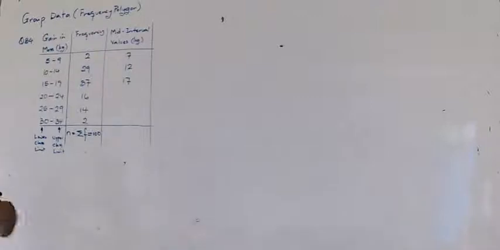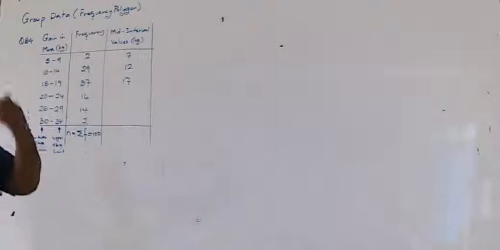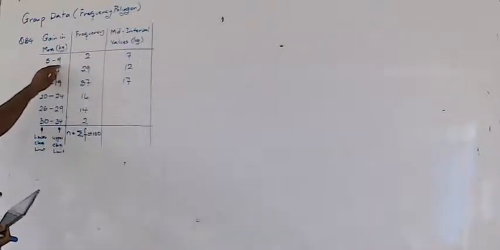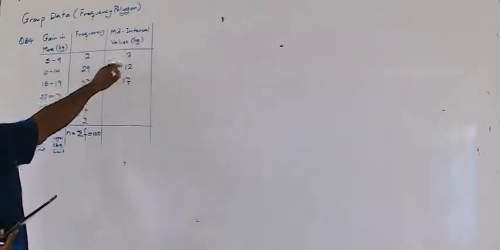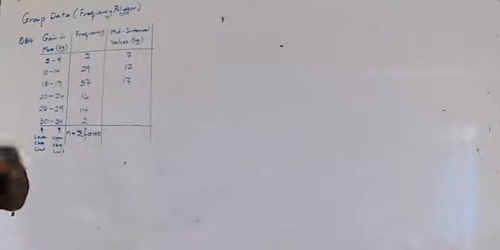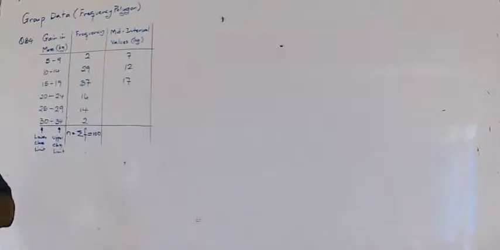To fix that problem, we have the class midpoint. So rather than say that these cows gained between 5 to 9 kilograms, we say that the two cows gained 7 kilograms. Each of the two cows gained 7 kilograms. Is that the truth? No, it is an estimate, because we do not know the actual value.